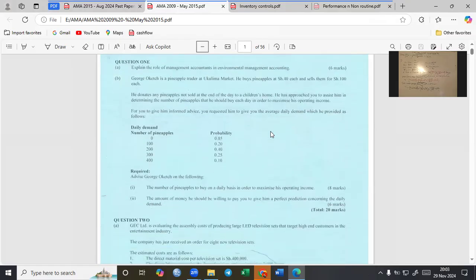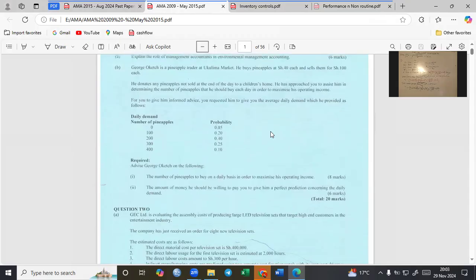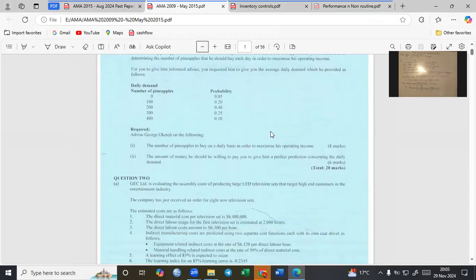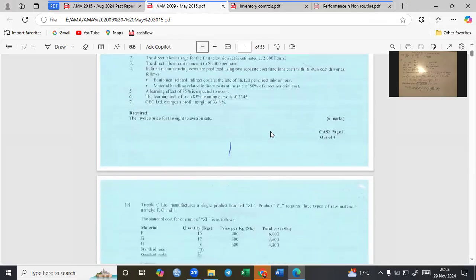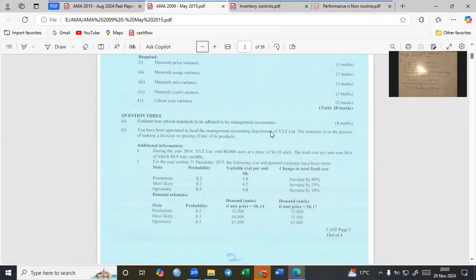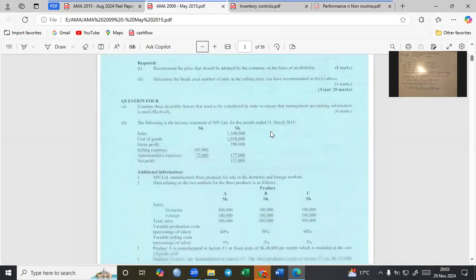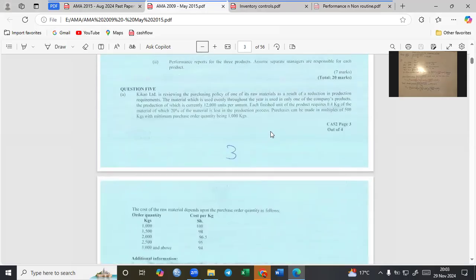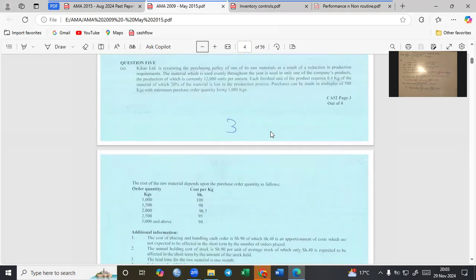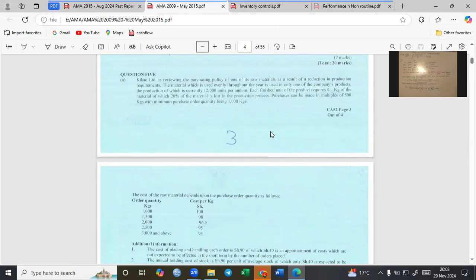Kikao Limited is reviewing the purchasing policy of one of its raw materials as a result of reduction in production requirements. The material, which is used evenly throughout the year, is used in only one of the company's products. The production of which is currently 12,000 units per annum. Each finished unit of the product requires 0.4 kgs of the material, of which 20% of the material is lost in the production process.